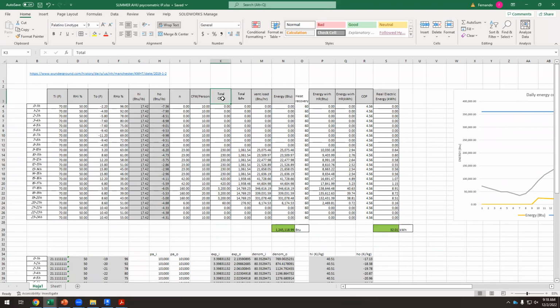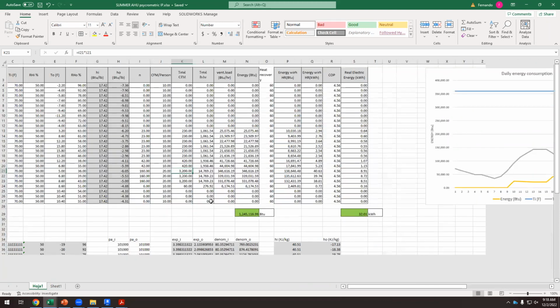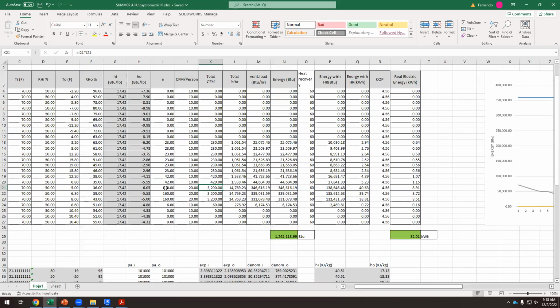So we have the total CFM. The maximum CFM that we have is this, when we have 160 people here, and 20 CFM, because we can have up to 10, but we decided that the maximum CFM is 20. So the total CFM is 3,200.